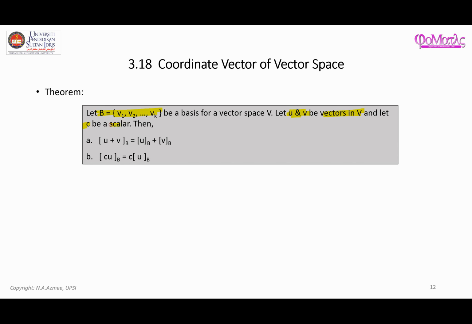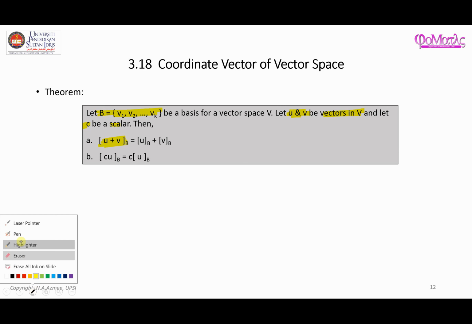Let c be a scalar. So how can you find the answer to this question: what is the coordinate vector for u plus v with respect to basis b?